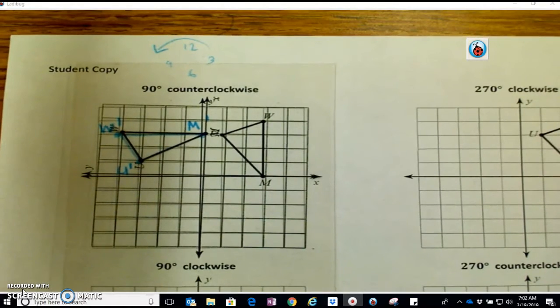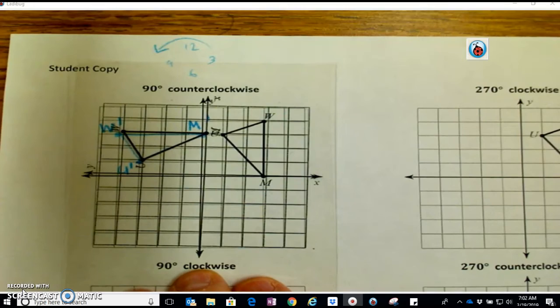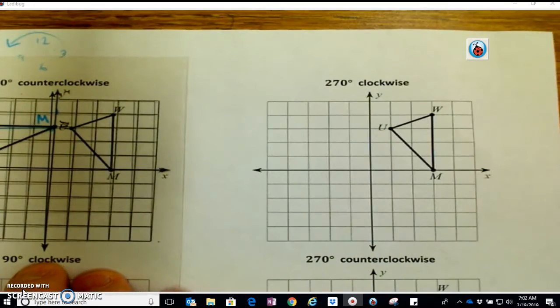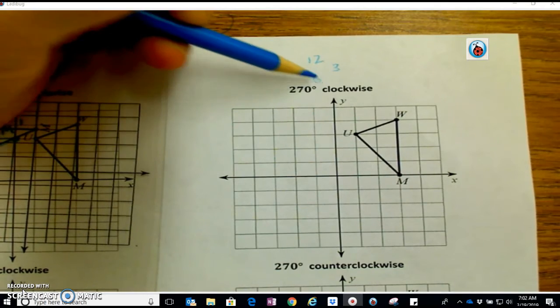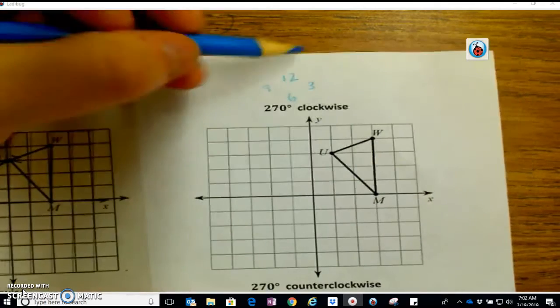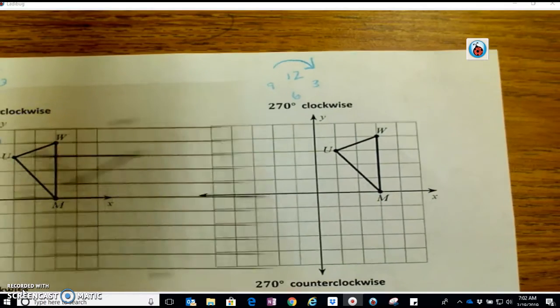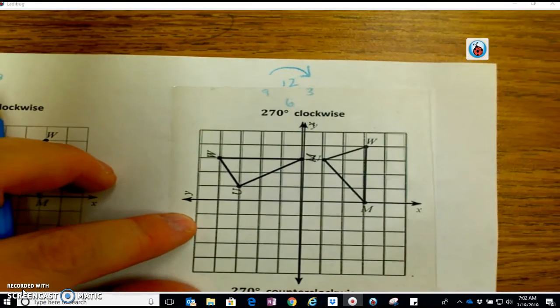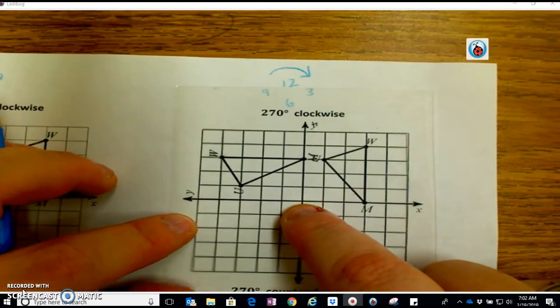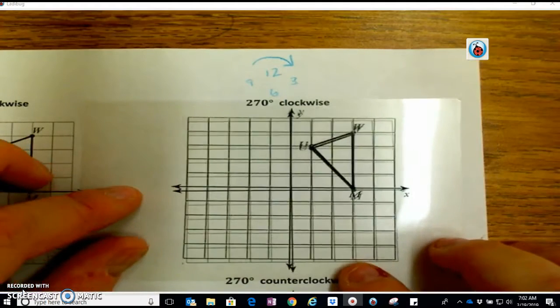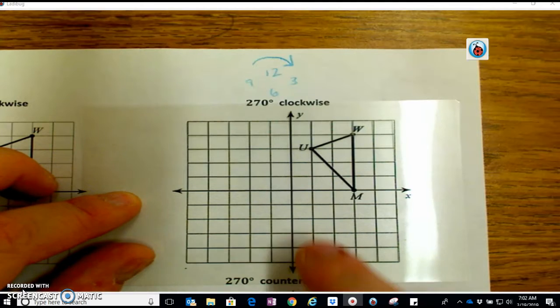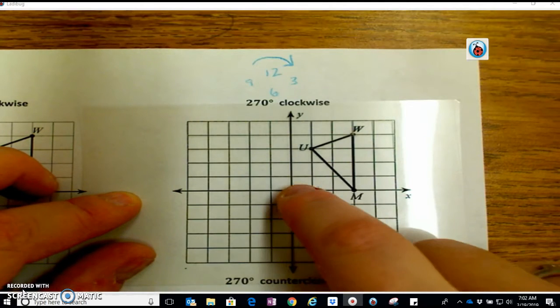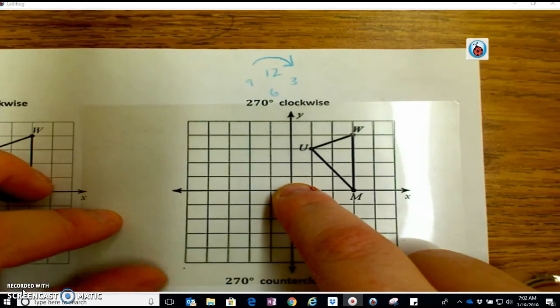Then we have 270 degrees clockwise. Clockwise means I'm going to go to the right. 270 is basically three 90-degree turns. So there's my original, and I'm going to go to the right, three turns because each turn is 90 degrees.